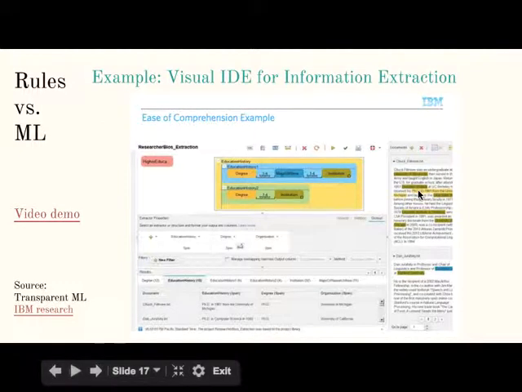If you want to know why this is classified, for example, as a degree, you can click on it and be led through the path back to the classifier that assigned that probability.